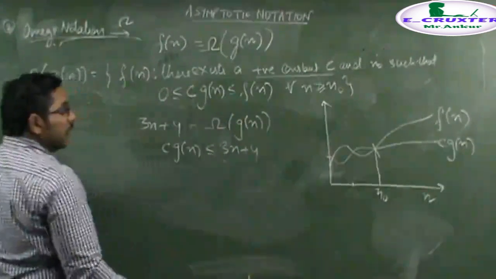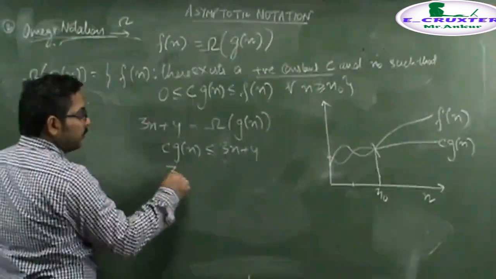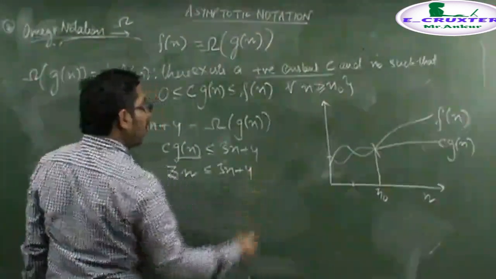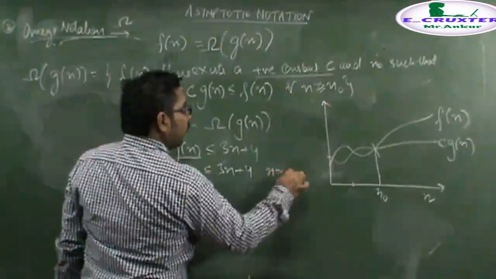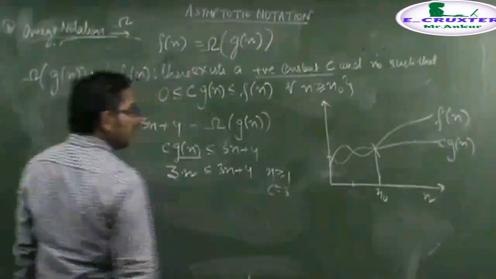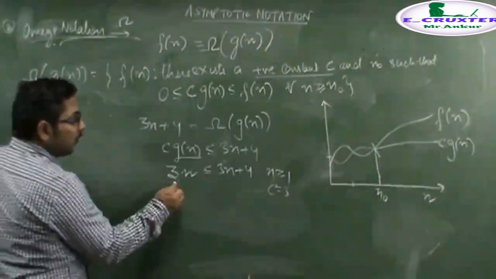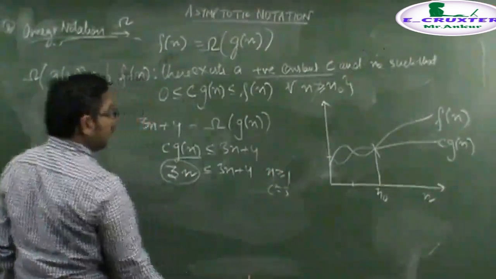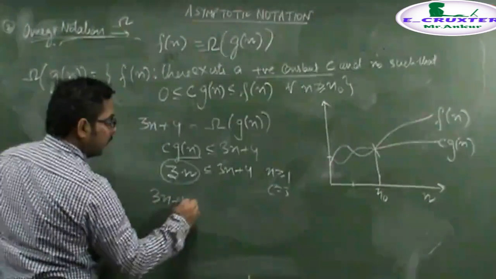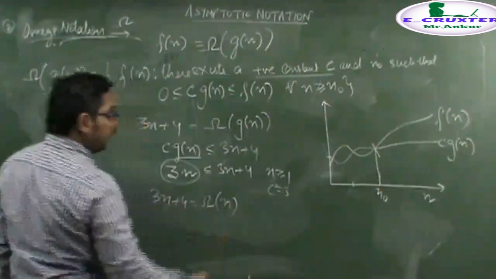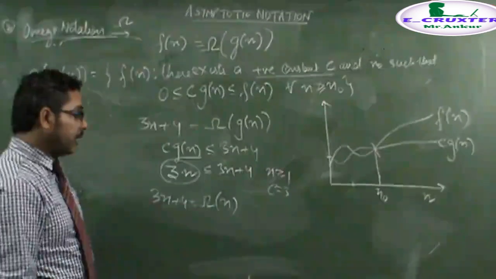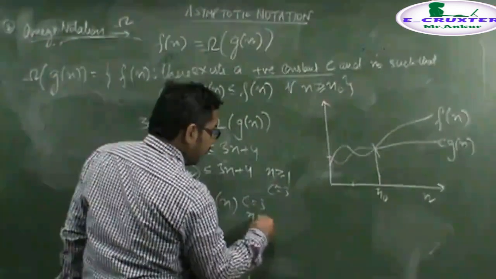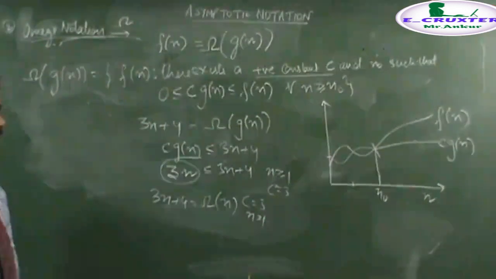If I take the constant as 3 and g(n) as n, then for all inputs n greater than or equal to 1, this equation will be satisfied. This result is always smaller than this function for all inputs greater than or equal to 1. So for 3n plus 4, another linear function will act as a lower bound for constant 3 and input greater than or equal to 1.